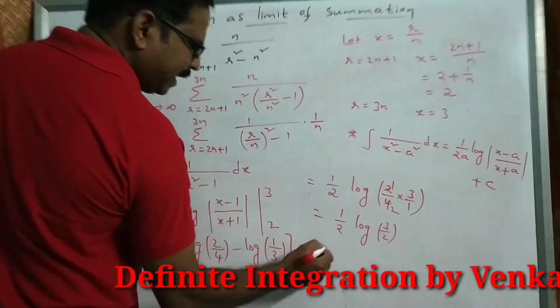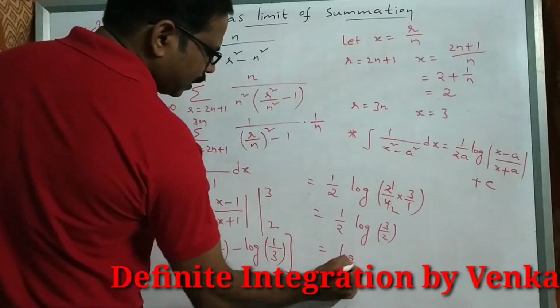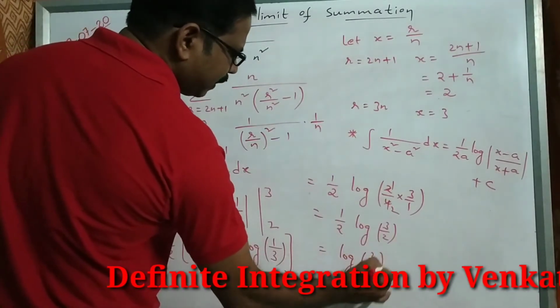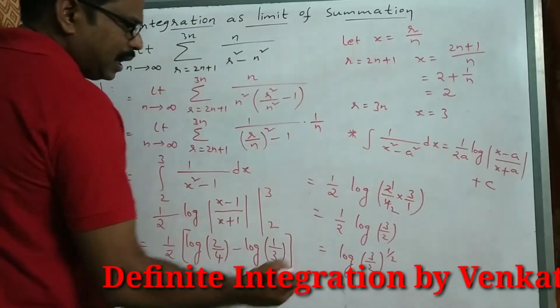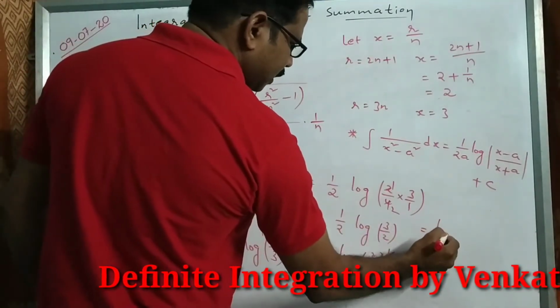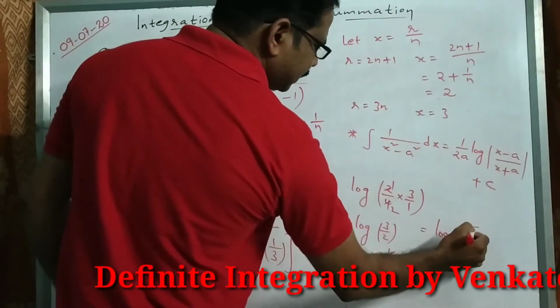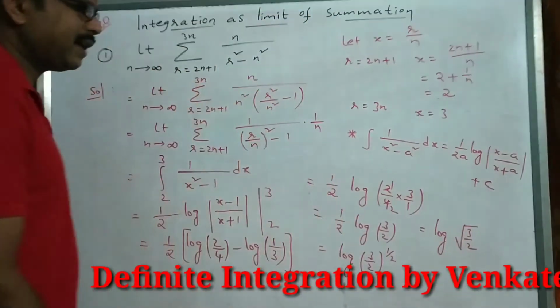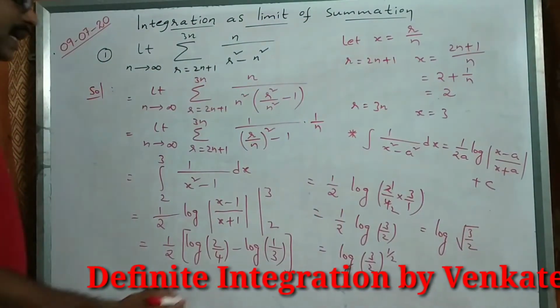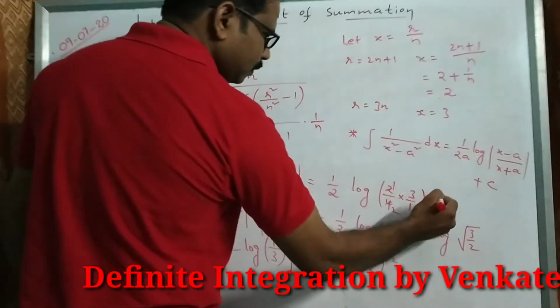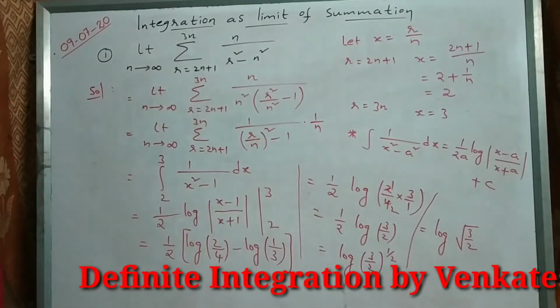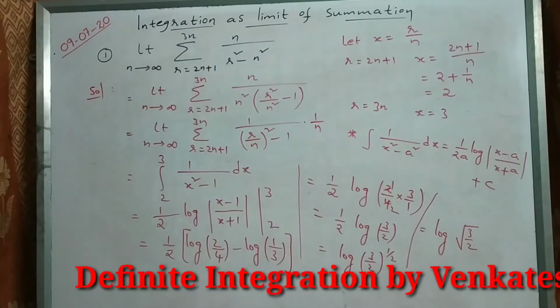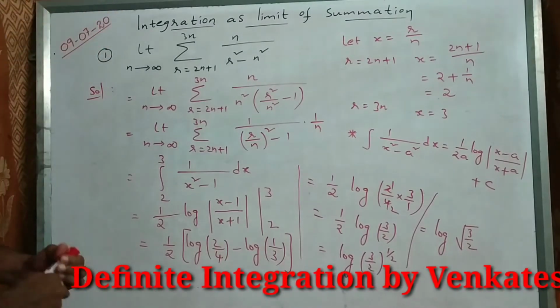Okay, this 1 by 2 can be taken up as log 3 by 2 whole power 1 by 2, or you can write it as log of root 3 by 2. That is the final answer. What is the answer? Log of root 3 by 2. Clear? That is the final answer.